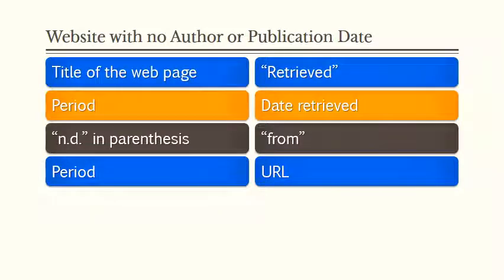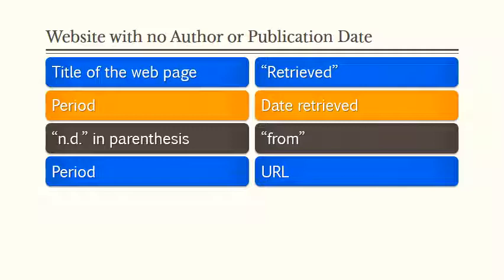Sometimes a website does not list an author or publication date. When that happens, start with the title of the web page followed by a period. The letters N period D period, enclosed in parenthesis, stand for no date. The parenthesis is followed by a period.